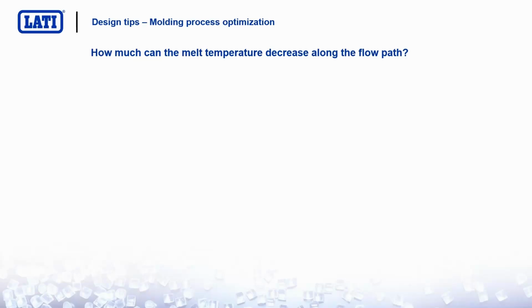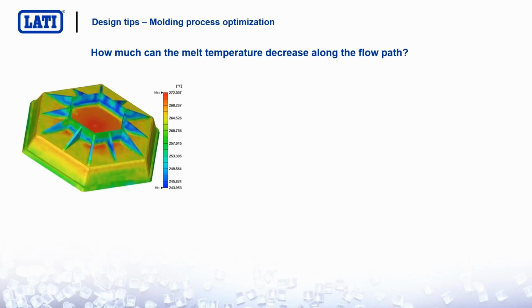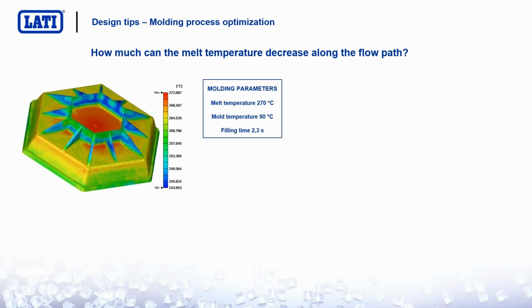How much can the melt temperature decrease along the flow path? We may think that there might not be such big variations due to the short filling time usually needed for filling a molded component.